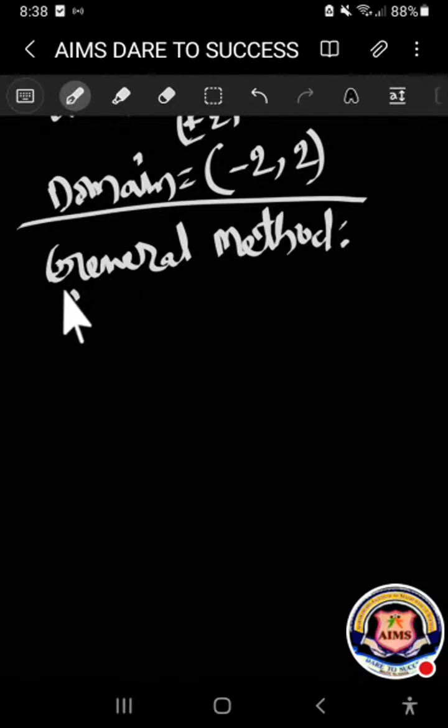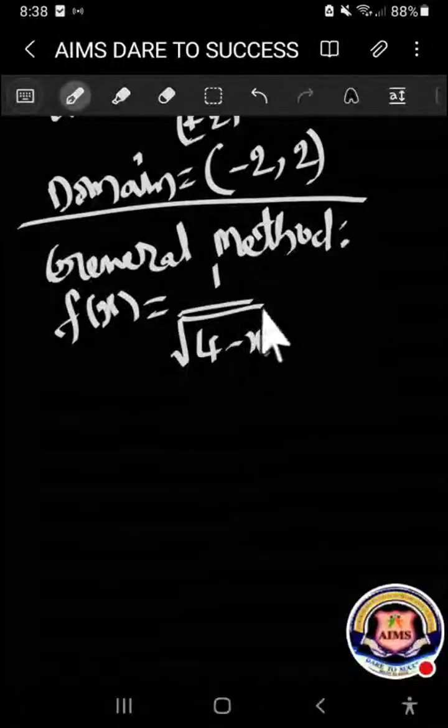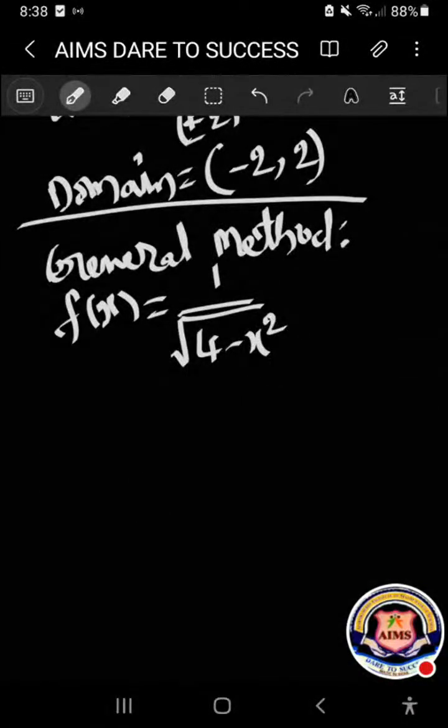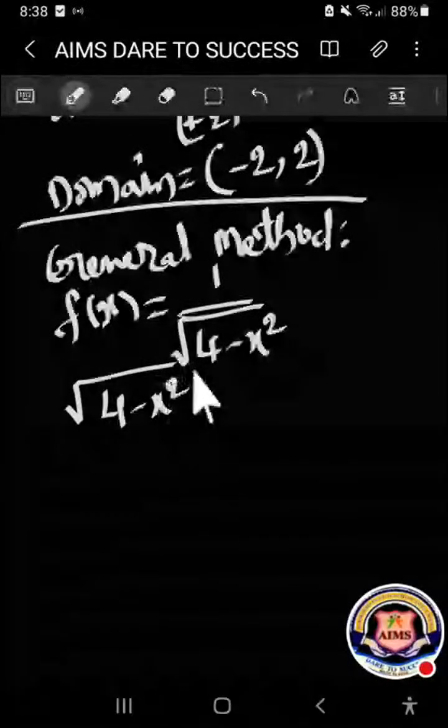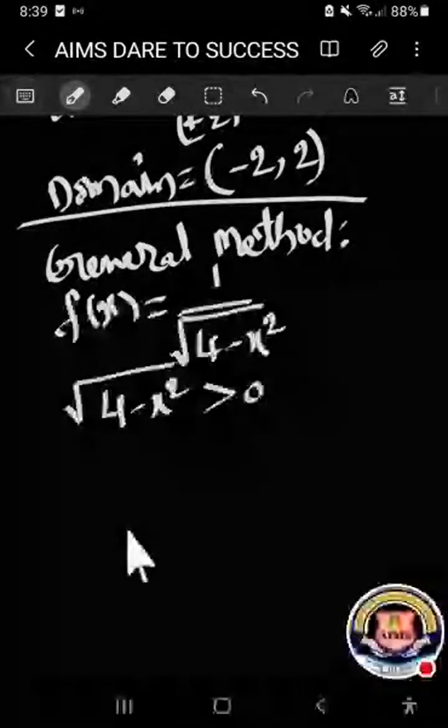So the given problem is f of x is equal to 1 divided by root 4 minus x square. Actually, what is our concept? Compulsory, the denominator, that is root over 4 minus x square, is greater than 0.